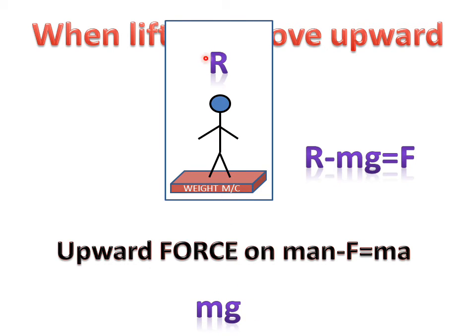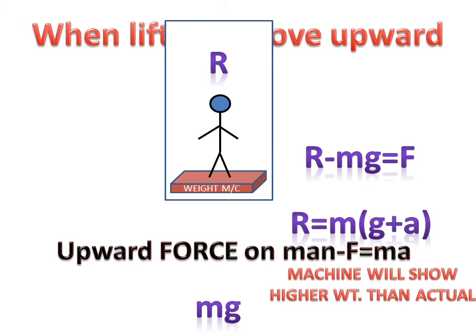So R minus mg equals F. Then R will be mg plus ma. Acceleration and gravity will be added in this reaction, so the machine will show a higher weight than the actual weight of the man.